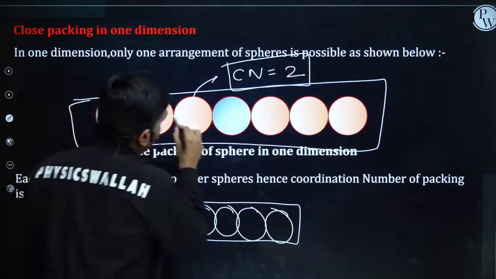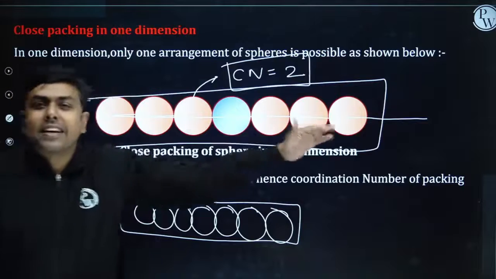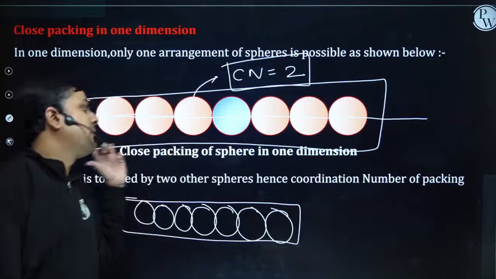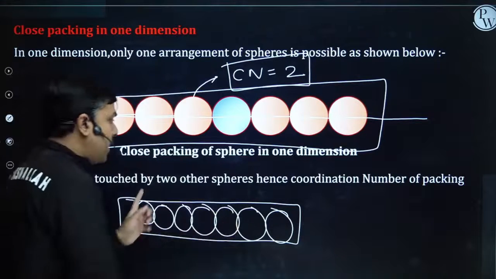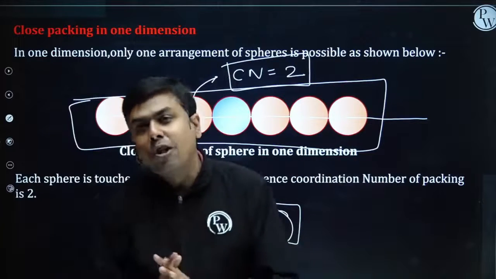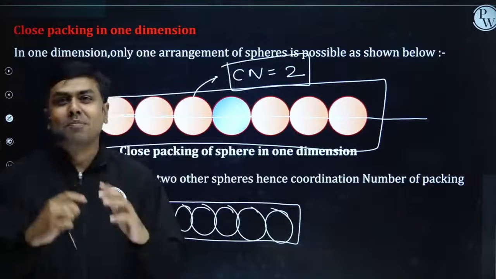So basically you are going to get a line having infinite length. So the unit cell is nothing but a line. Am I clear, students? Each sphere is touched by 2 spheres, hence the coordination number of packing in 1 dimension is always 2. Shall we move ahead? Let's move ahead.